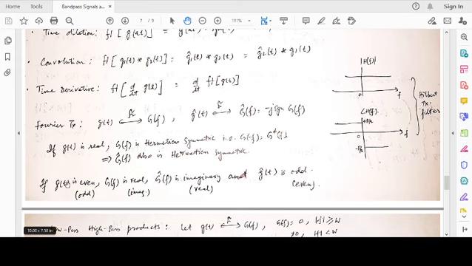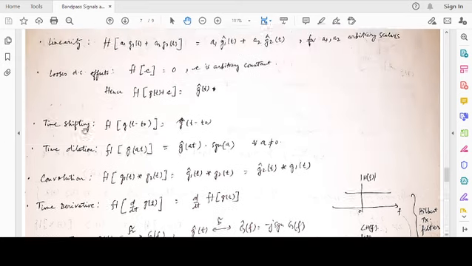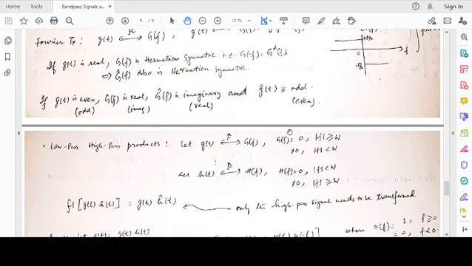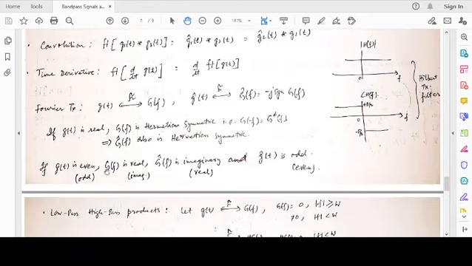So, if g(t) is even, G cap(t) is odd. Recall this result. If this is shifted by time tau by 2, we have an even function, and this then becomes an odd function. You have a negative and a positive portion around it, time shifted about tau by 2. Similarly, if g(t) is an odd function, G cap(t) is an even function.